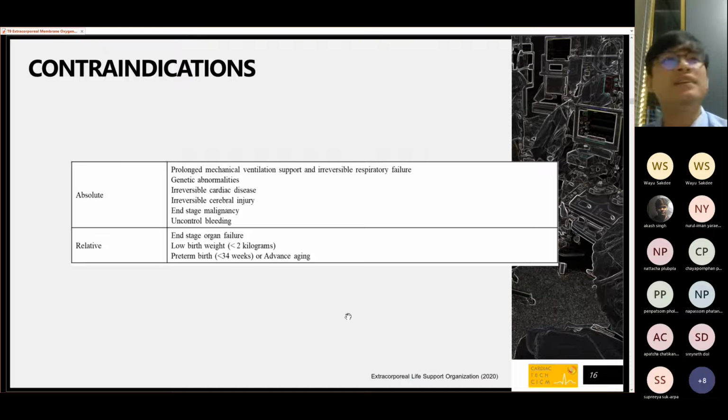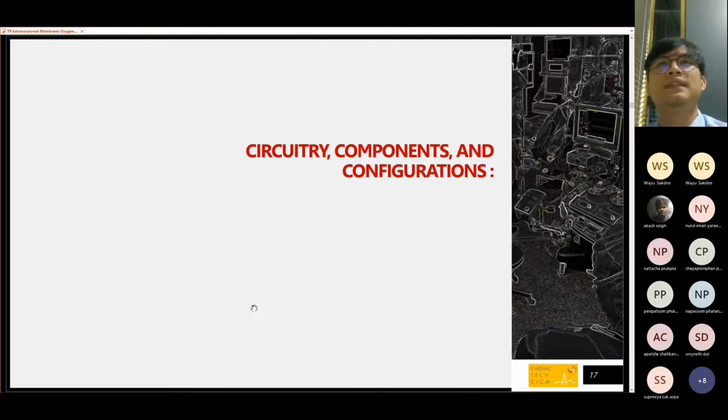Also organ failure. Advanced aging people need to concern about that. So here is a contraindication and related contraindications. So yeah, any questions about indication and definition of the Ecmo?